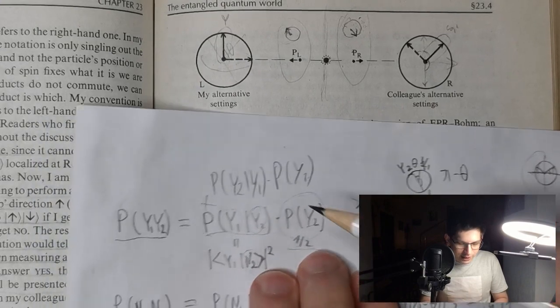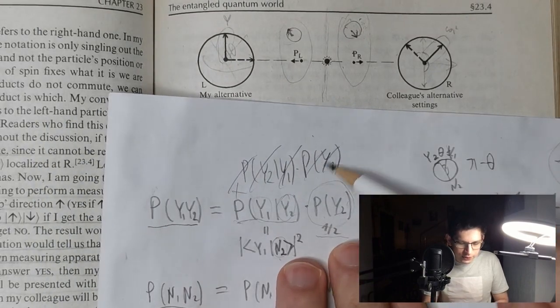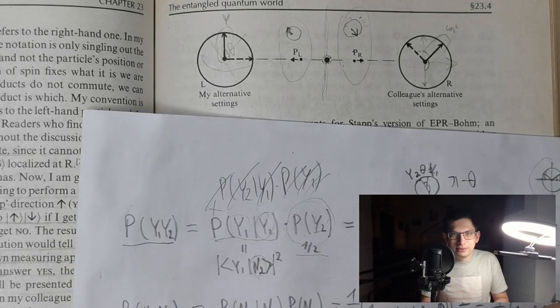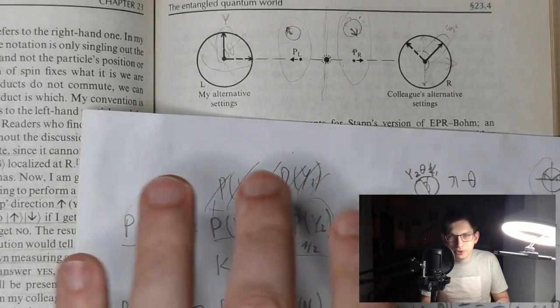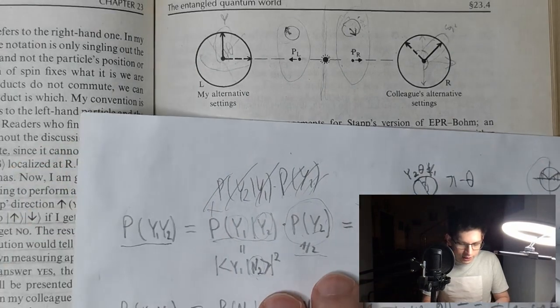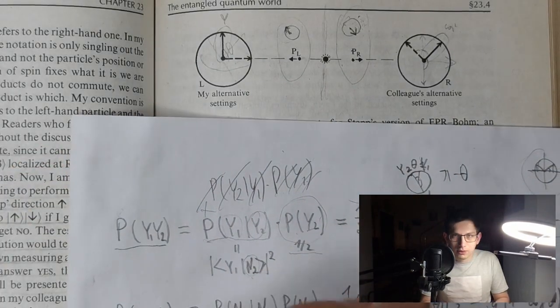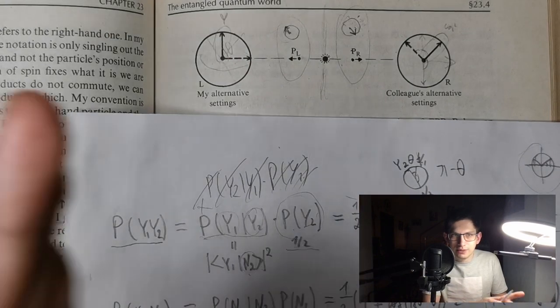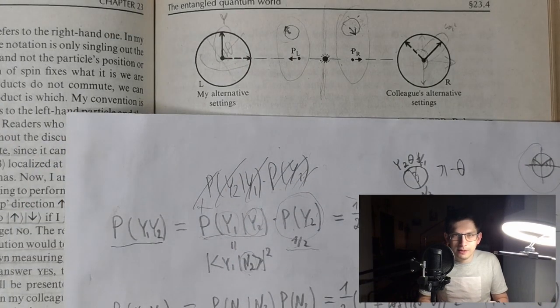And I think we shouldn't add those two things because they couldn't both happen, because we could have only the particle measured initially at one detector and afterwards at the other one.